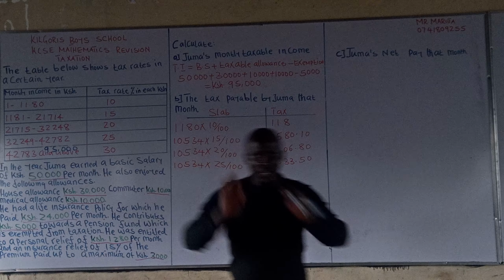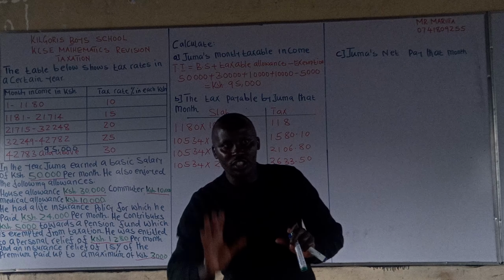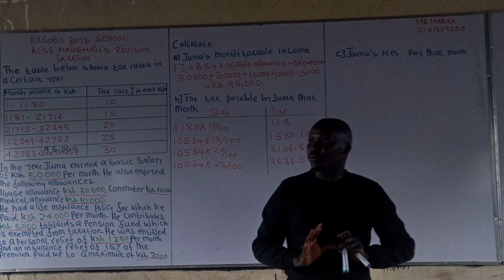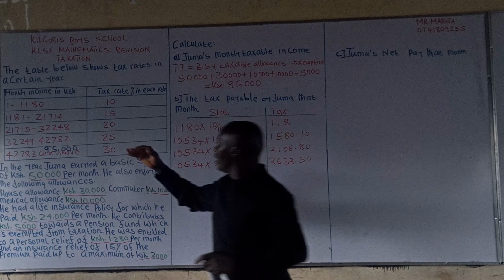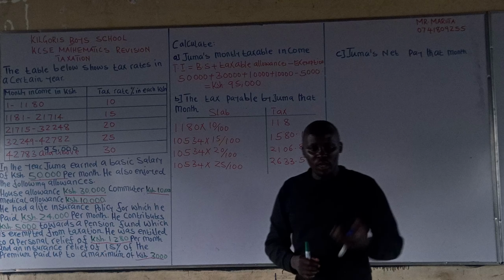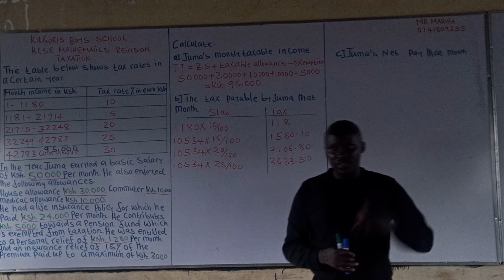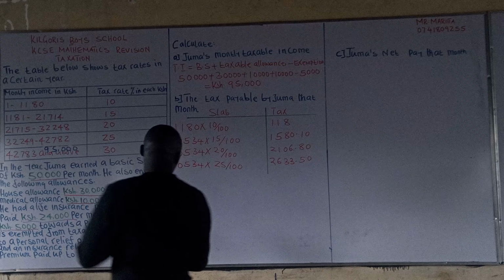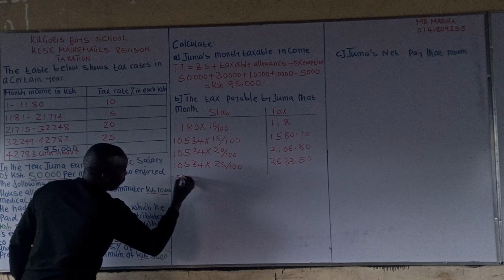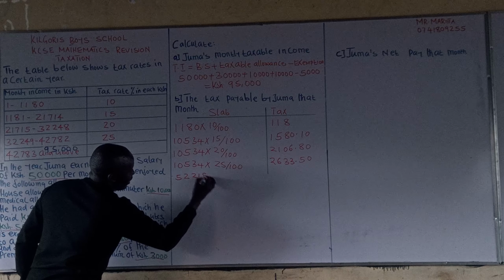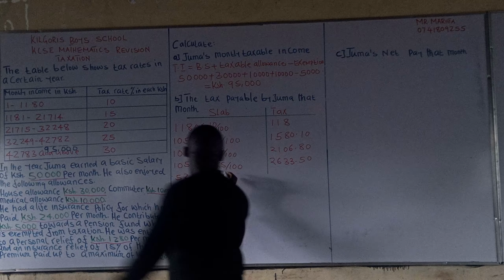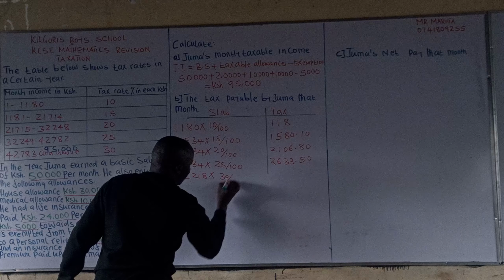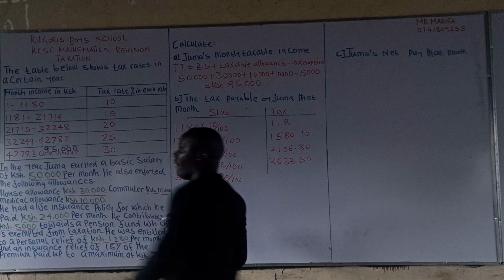So we have our next taxation. We take our value, which in this case was 95,000. Now you subtract 42,782. That will give us a difference of 52,218. The rate being taxed there is 30%, so you have 30 over 100.